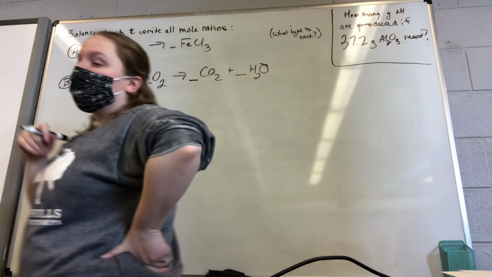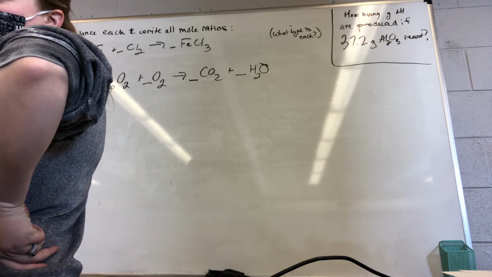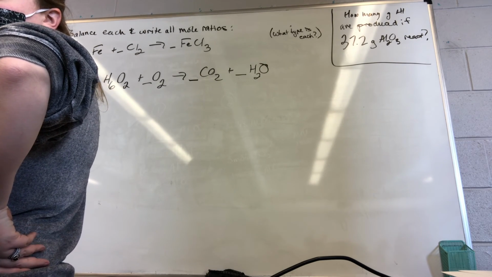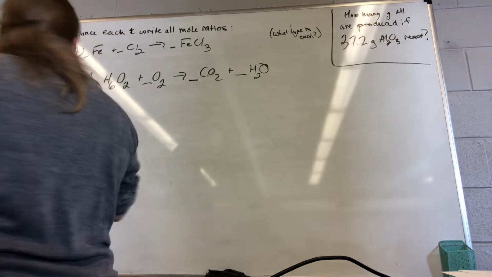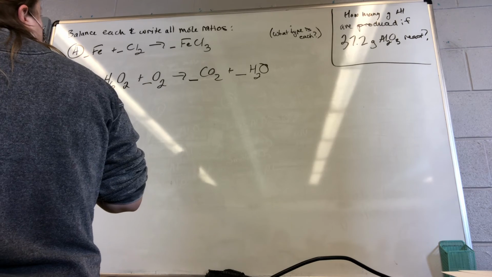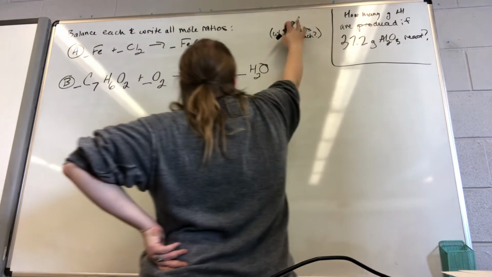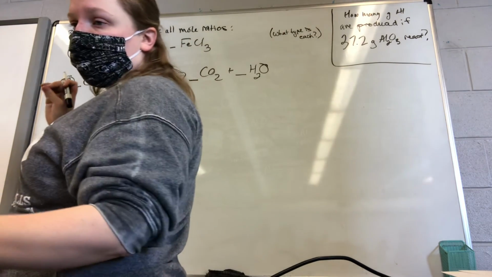Think about what type each one is as well. You want us to write what type it is or no? No, I just want you to think about them while you're doing them. You can do this.